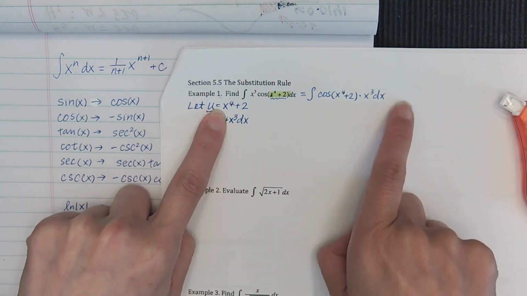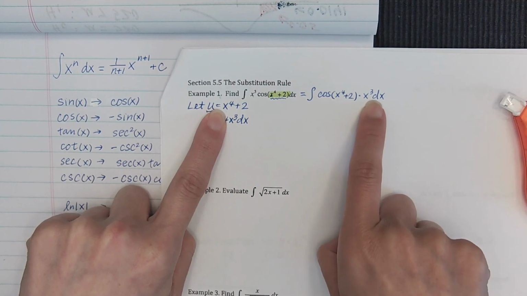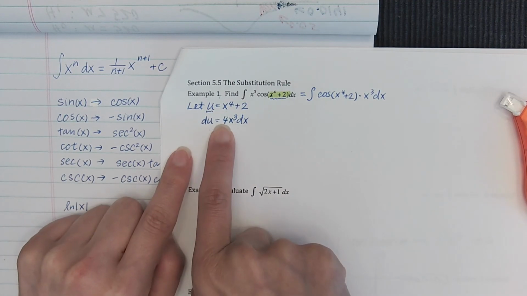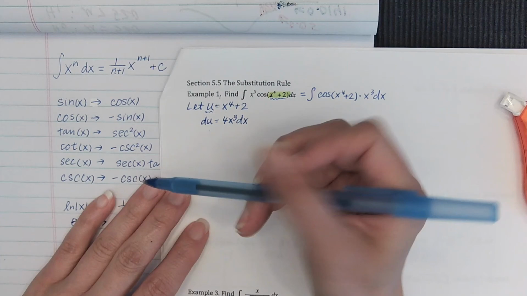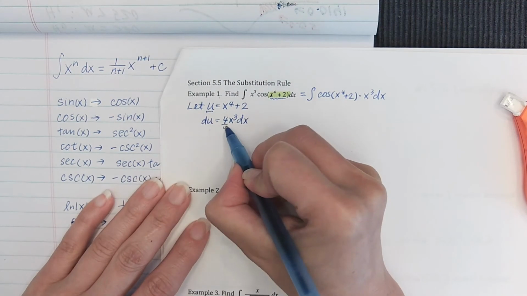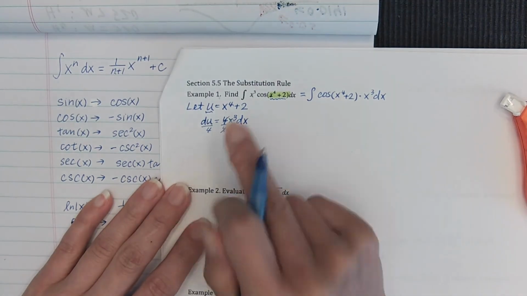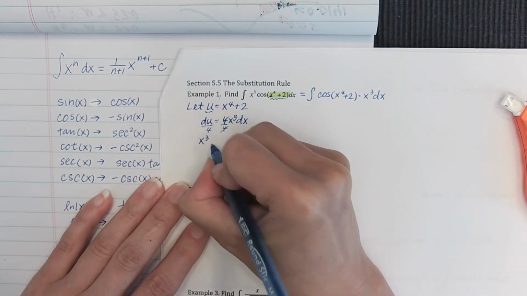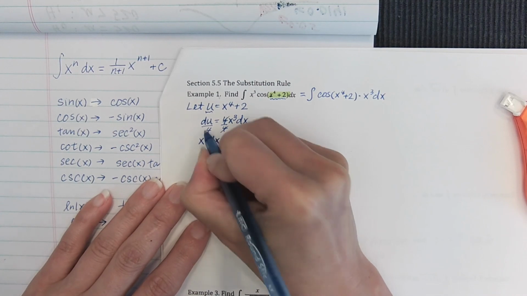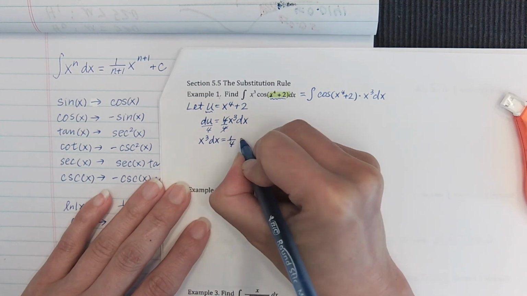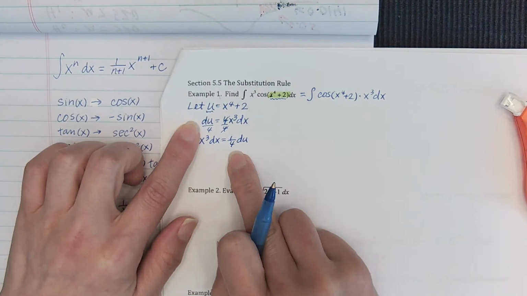Yes, this x cubed dx matches that one. I just don't want to have a 4, right? Let's divide by the 4. Divide by the 4, so the 4 cancels. So I got x cubed dx is 1 over 4 du. Okay? Because I divided by the 4.